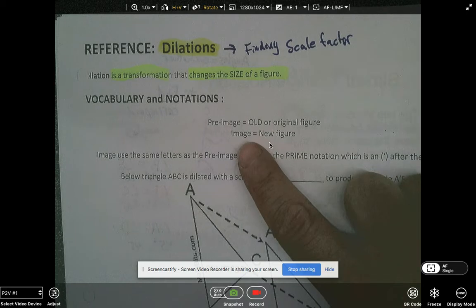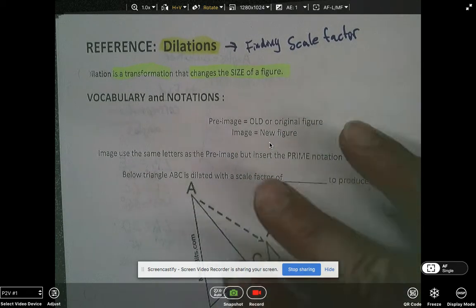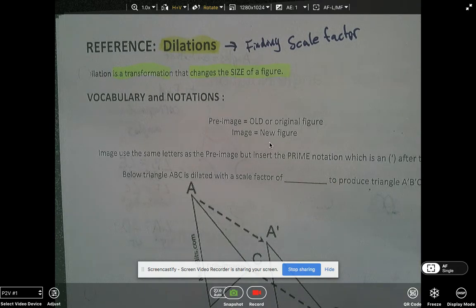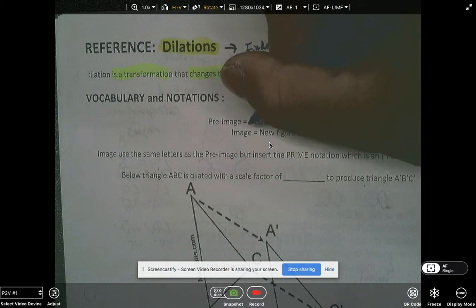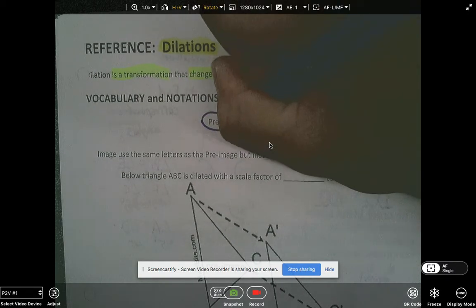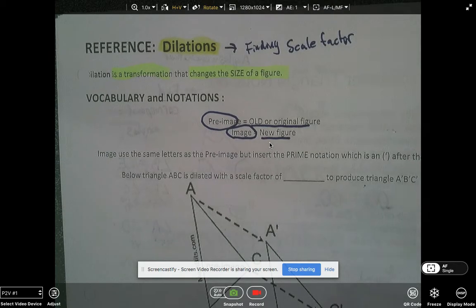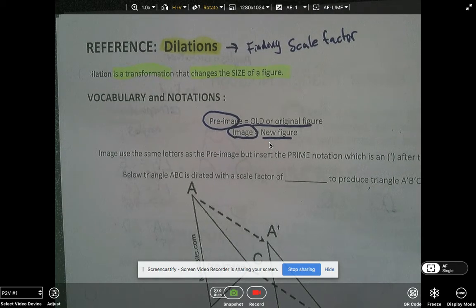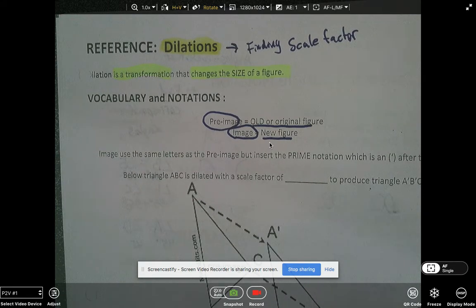So when you look at a figure that's either become bigger or smaller, enlarged or shrunk, a way to keep it apart is your old original figure is your pre-image, and your new figure is your image. Mathematicians had to figure out some notation to show the difference between the pre-image and the new image.